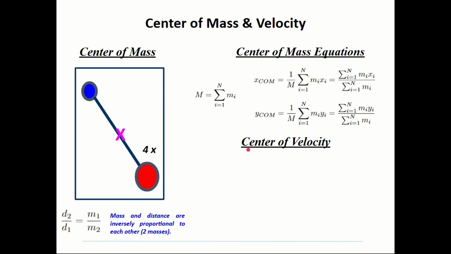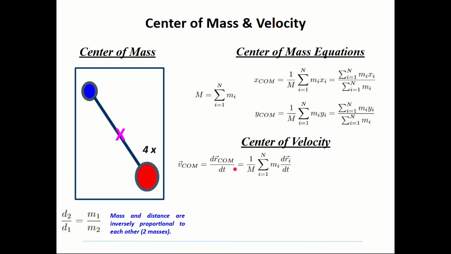And then we have the velocity of the center of mass. I want to bring this up because this proves something that I was talking about on the previous slide. We can see that the velocity of the center of mass is equal to the derivative of the position of the center of mass with respect to time.